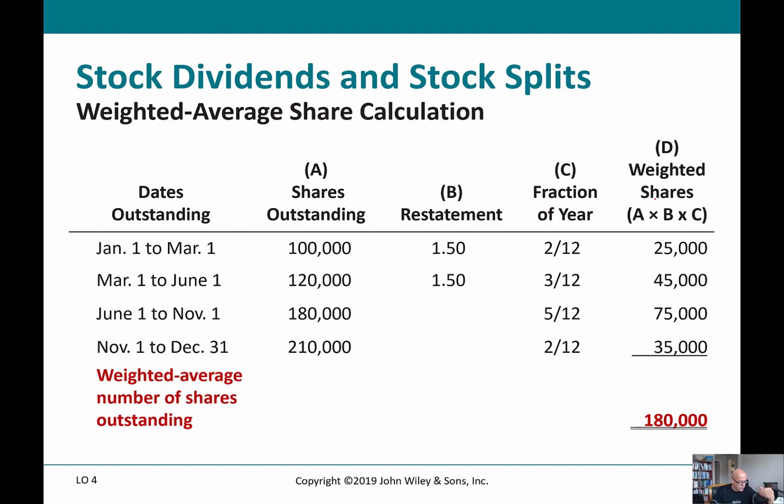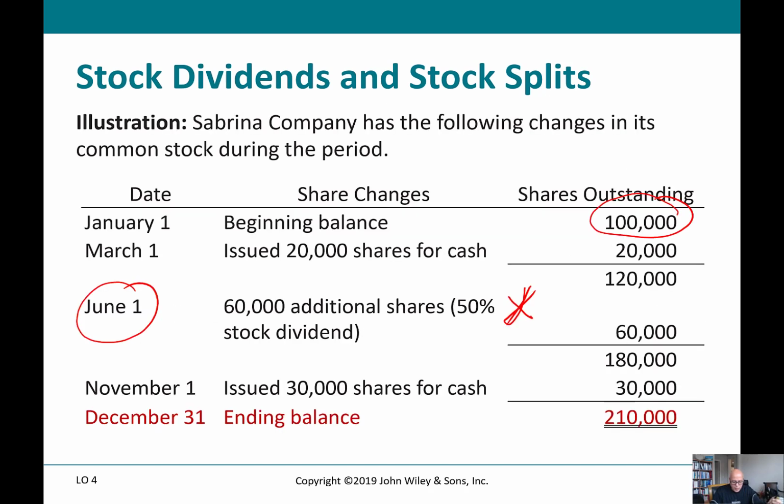Then if you look at the problem here, they tell us, well, when you issued those 20,000 shares, you didn't issue 20,000 shares, you issued 30,000 shares, because again, we apply the stock dividend as though it had already happened at the beginning of the year. At every time we issued additional shares, we issued the stock dividend on those additional shares as well.